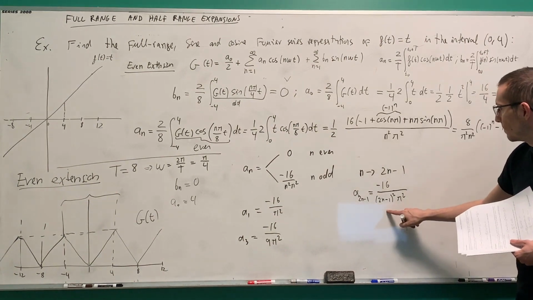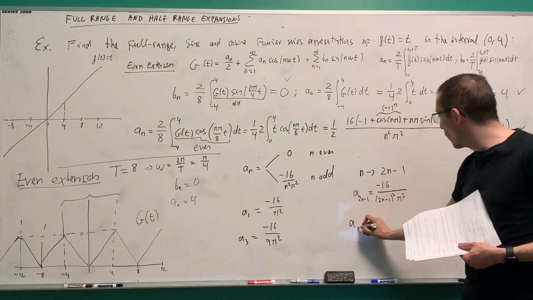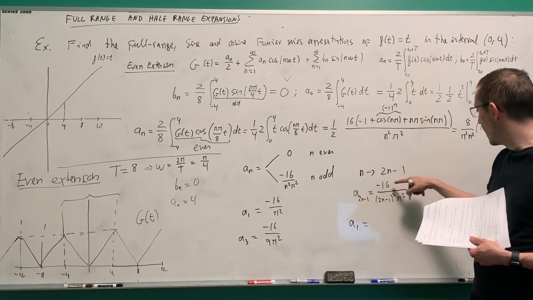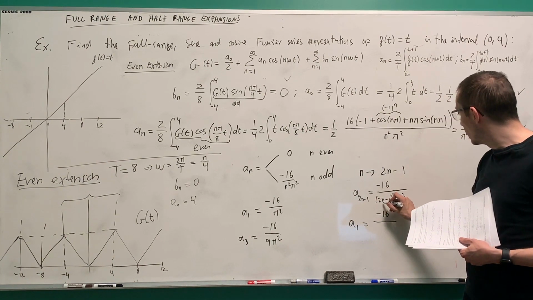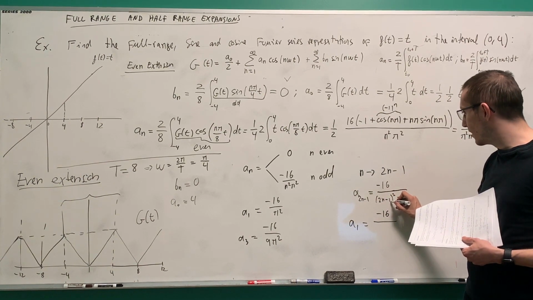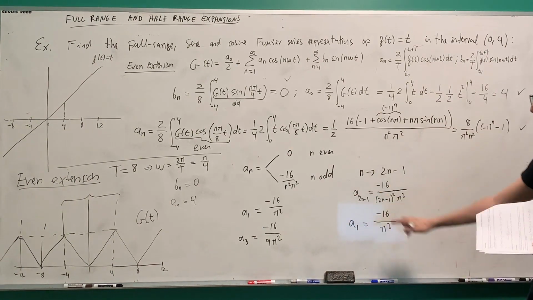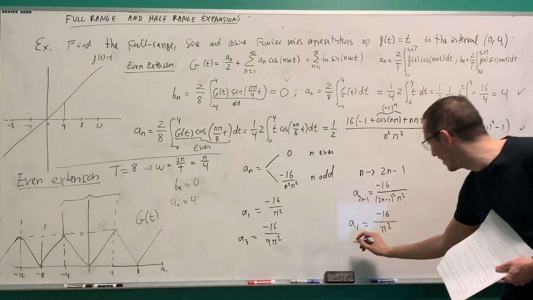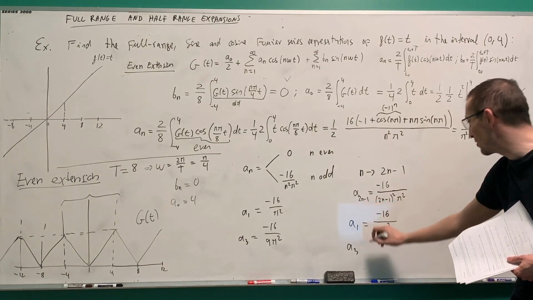Let's see what I get here. When n is 1, I get on the left a1, and on the right, I get minus 16 divided by 2 minus 1, which is 1, squared is 1, pi squared. Oh, it coincides. Nice. What happens when n is 2? When n is 2, on the left, I get a3. You see? 2n is 4, minus 1 is 3.